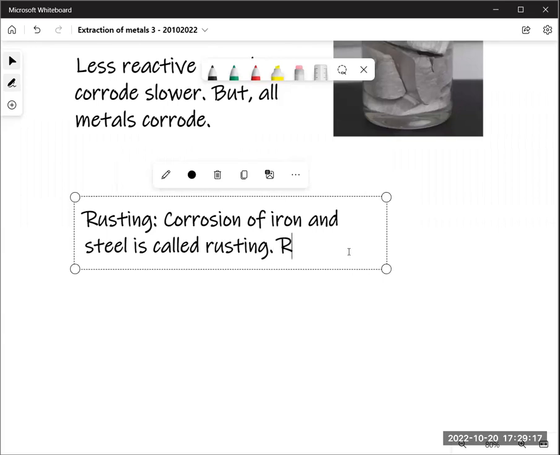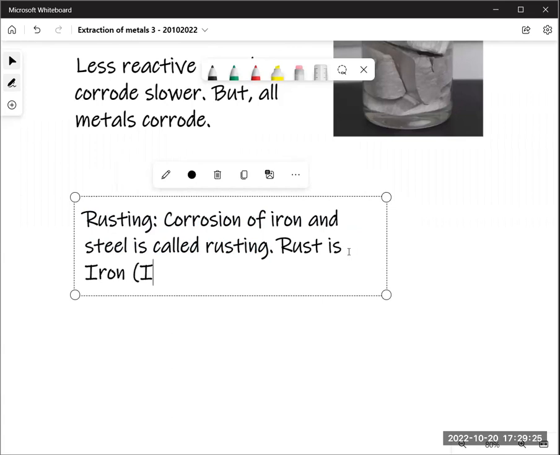Rust is Fe, let's say iron 3 oxide, a red brown solid.